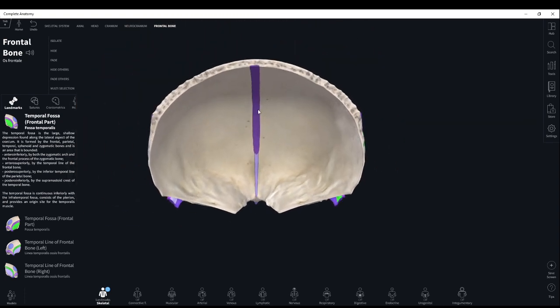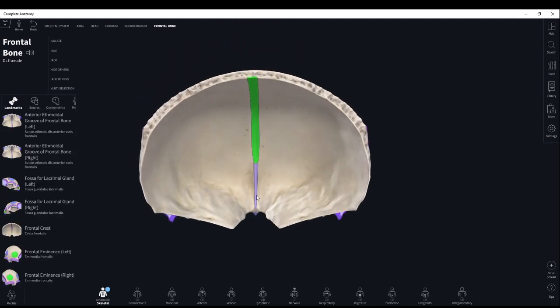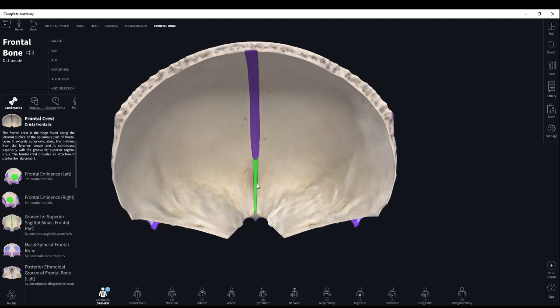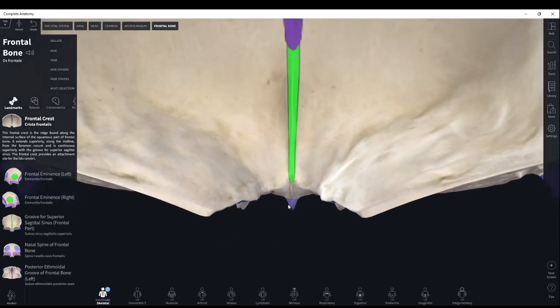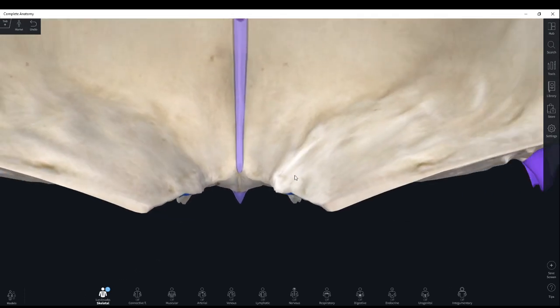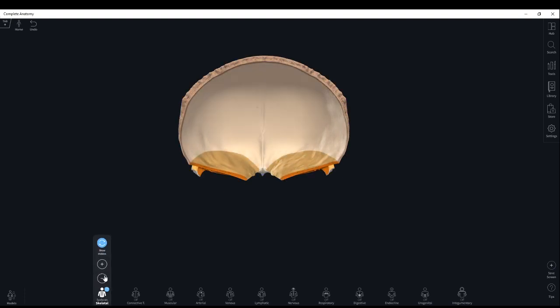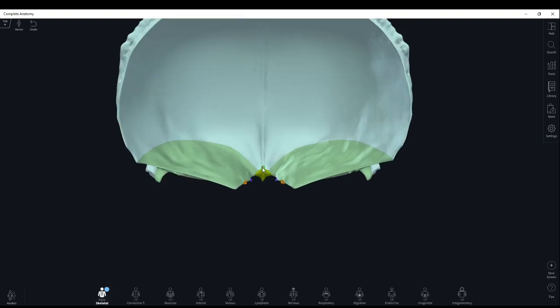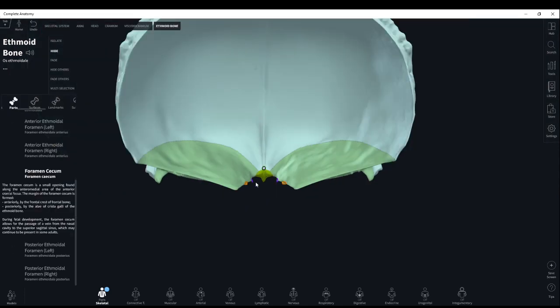On the internal surface of the frontal bone is the superior sagittal sinus groove, which continues to the crest, the crest of the superior sagittal sinus. At the end of it, you can see a foramen, which is called the foramen cecum, related to the ethmoid bone.